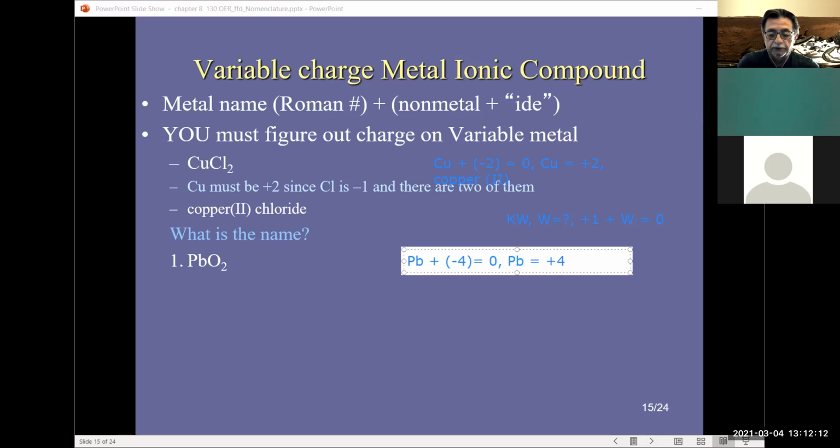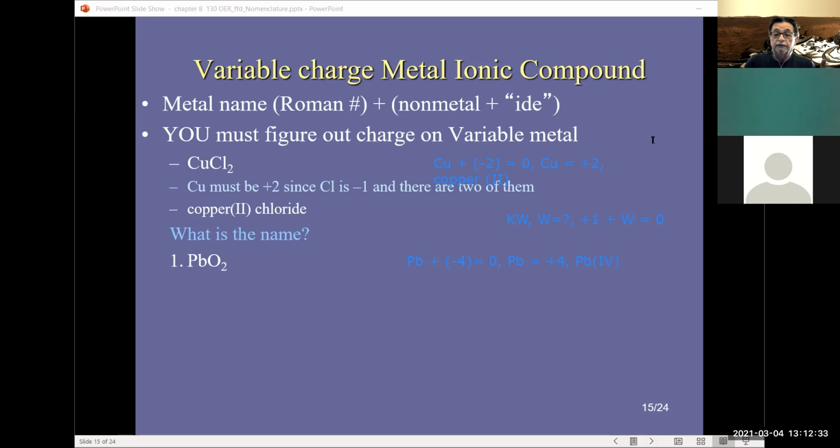Double check your math, which implies that we're using lead IV, Roman numeral 4. Oxygen's name becomes oxide as normal, as we've been doing. And so the compound is lead, Roman numeral 4, oxide. See how we worked that through?